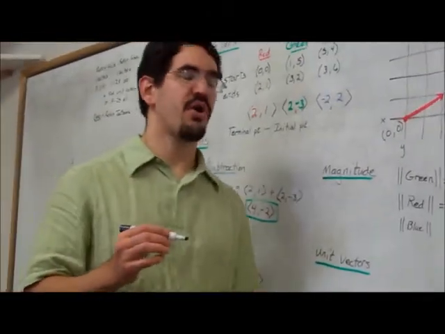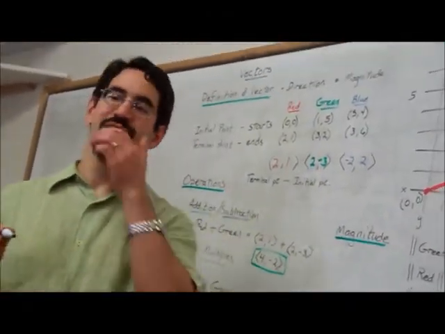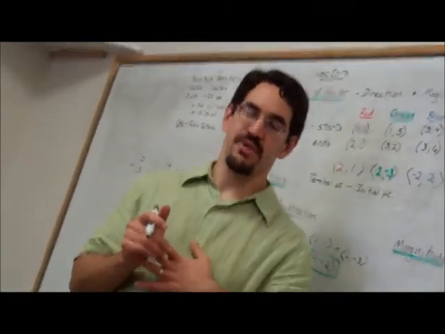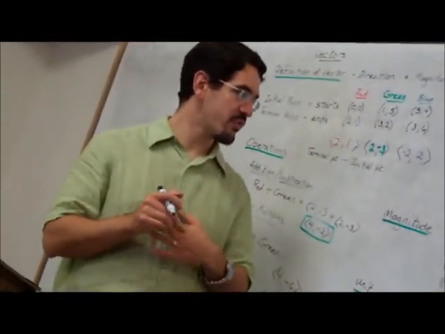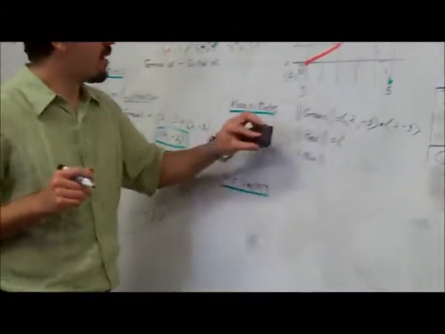Now, you might be saying, what's a dot product? It is a form of multiplication, and it's the form that we would use with vectors. And I shouldn't have written those so close, because now I don't have room to work.